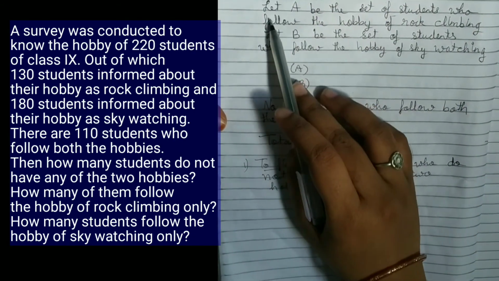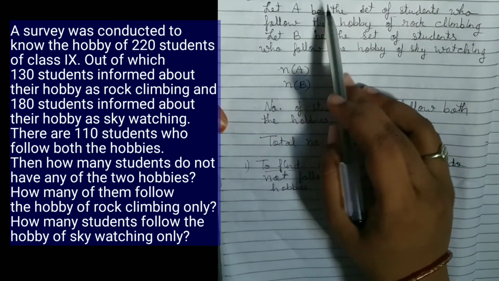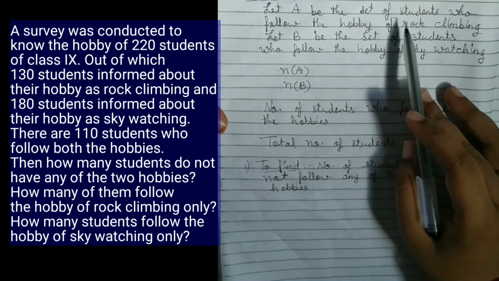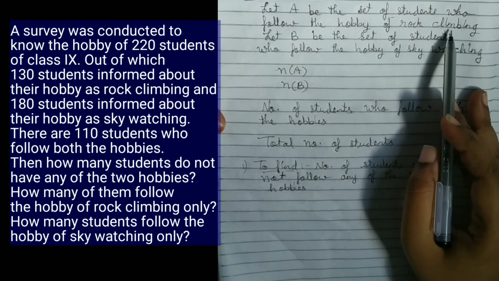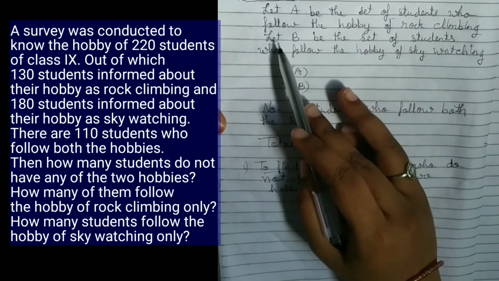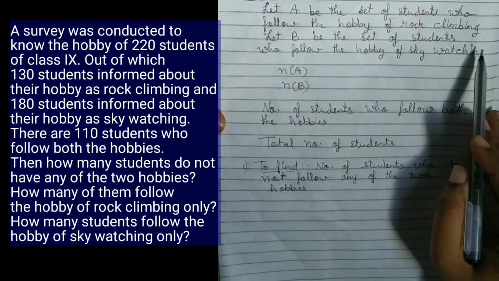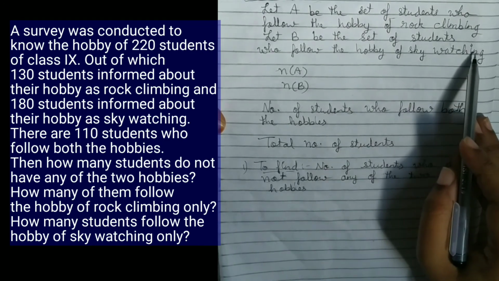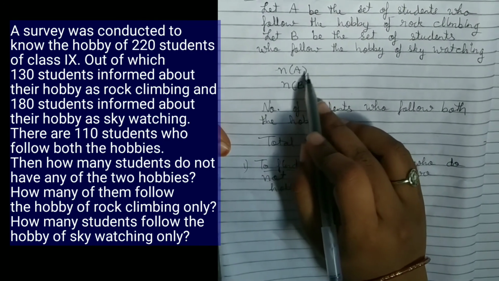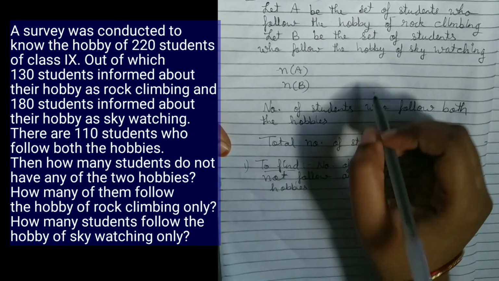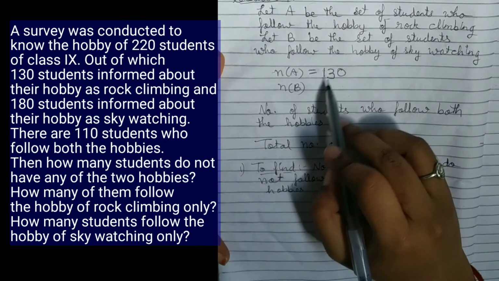See the solution. First we will name the sets. Let A be the set of students who follow the hobby of rock climbing, and B be the set of students who follow the hobby of sky watching. So the number of elements in A means the number of students who have the hobby of rock climbing. The number of elements in A is equal to 130.